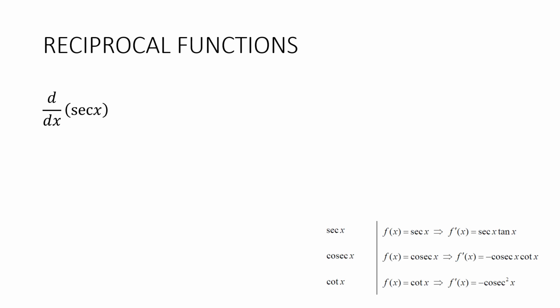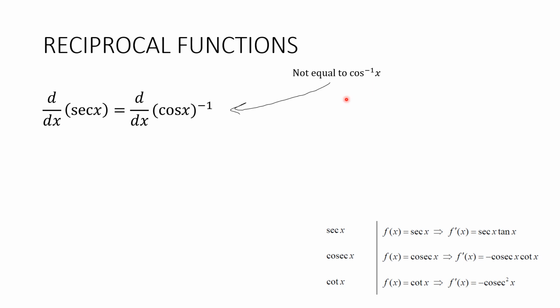Okay, let's turn our attention to the reciprocal functions, sec x, cosec x, and cot x. You can see the derivatives of those down the bottom. That's from your formula booklet. But let's work out the derivative of sec x. It's equal to 1 over cos x, which in index form is cos x to the power of negative 1. Now, small point, that's not the same as this.